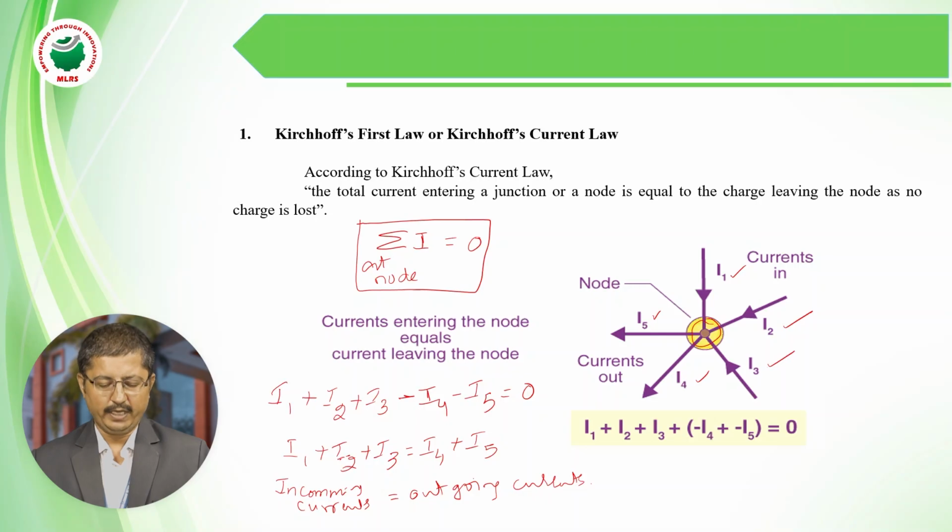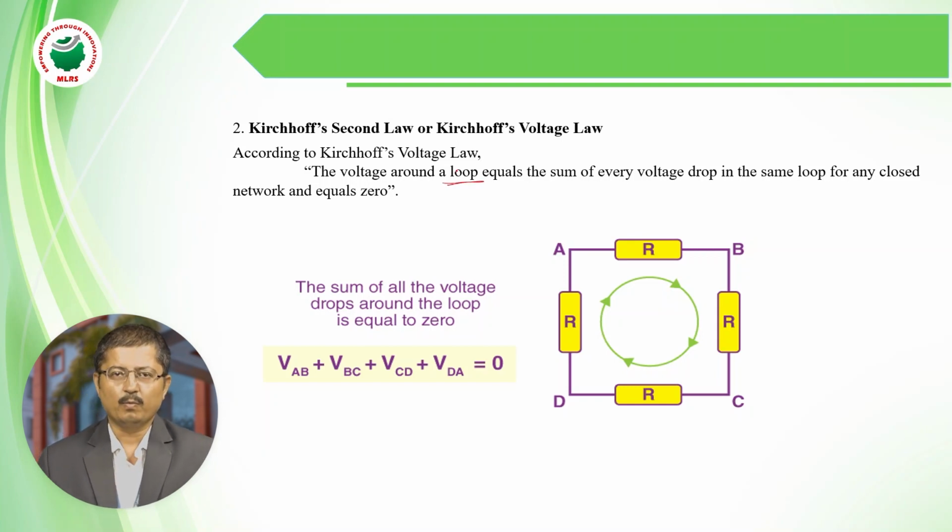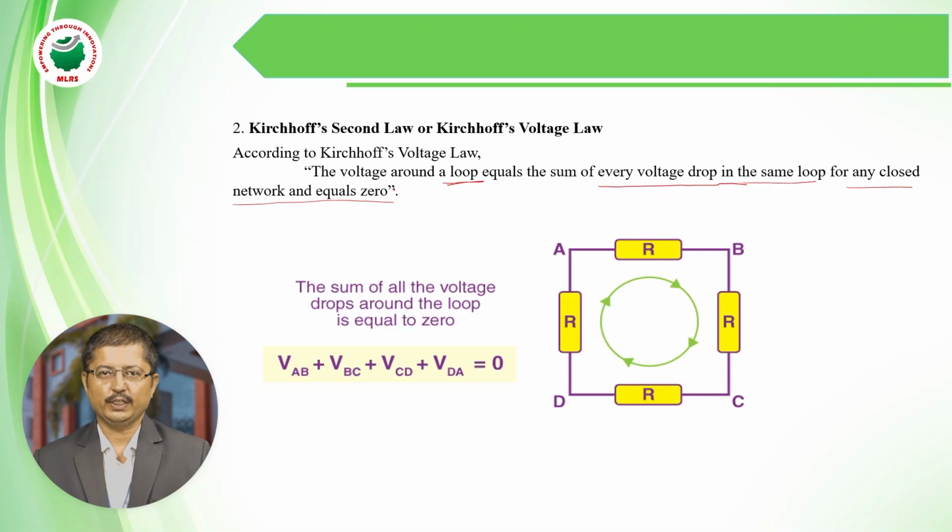Now let us move on to the next law, the Kirchhoff voltage law. Kirchhoff voltage law says that the voltage around a loop is equal to the sum of every voltage drop in the same loop, so for any closed network the sum equals 0.